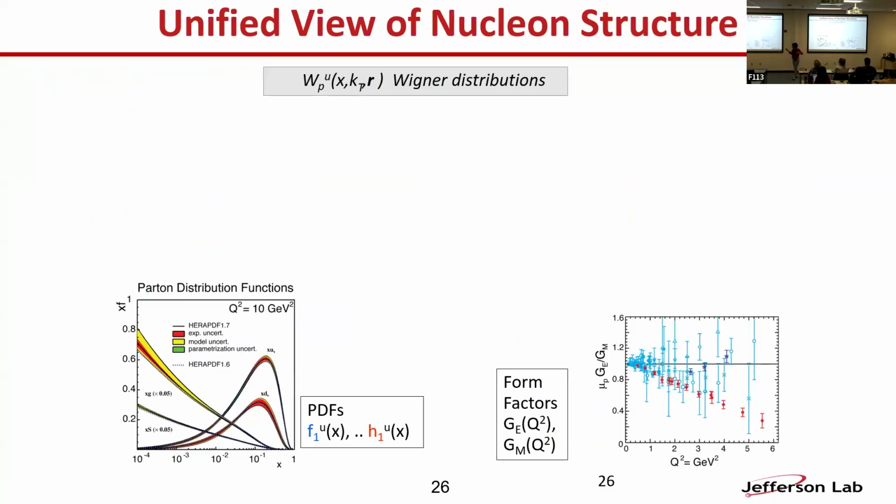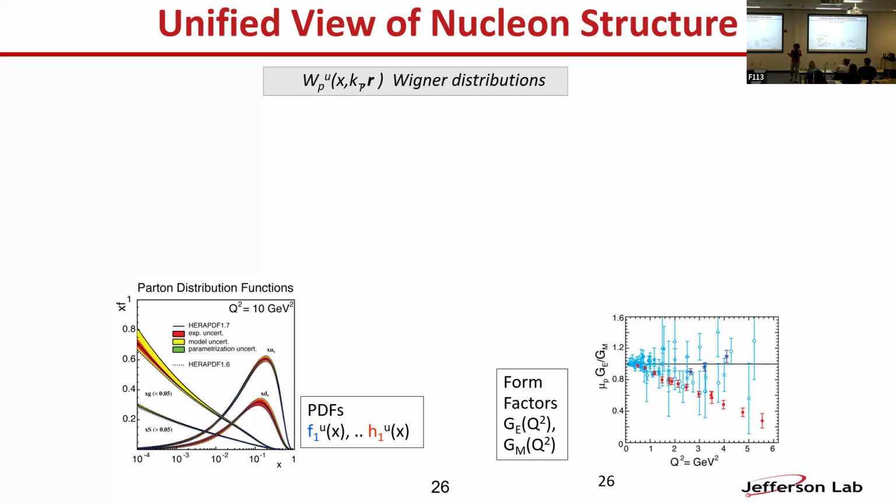Now, I have to introduce this. So far, I've talked about the proton in a one-dimensional view. The x is the fraction of the longitudinal momentum of the proton carried by the quark. Everything was in one direction, but the real world is three-dimensional.